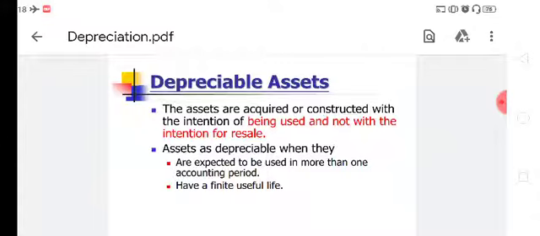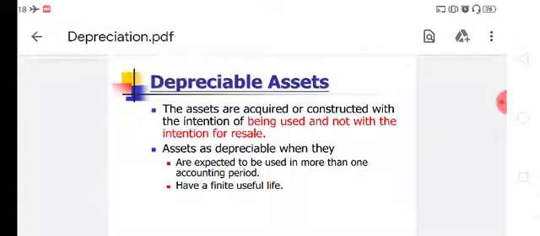The assets are depreciable when you have to charge depreciation, and they are expected to be used in more than one accounting period. For example, listen very carefully. If you want to use that asset for more than 1 year, that is, if you have a business and you want to purchase an asset for your business, you must use that asset for more than 1 year. In that case, you can consider that asset a depreciable asset.